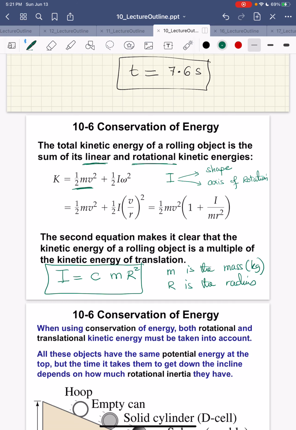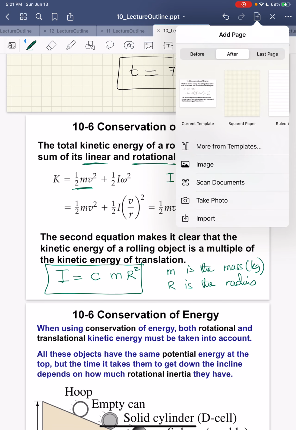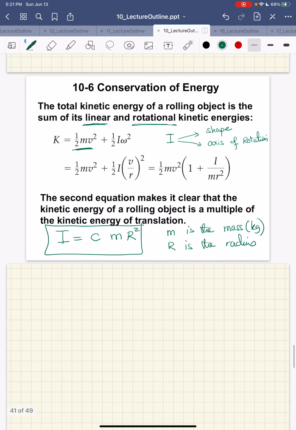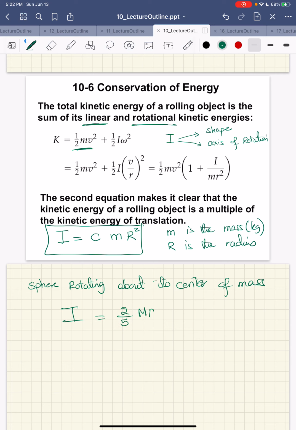Here, for example, I'm gonna say that for the sphere rotating about its center of mass, I for the sphere is 2/5 mr squared.